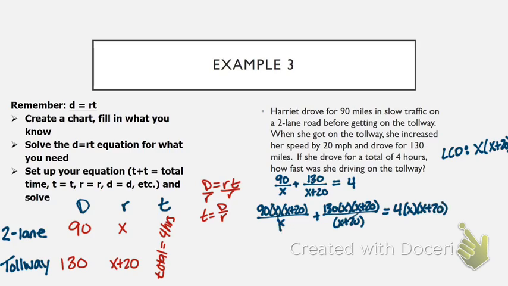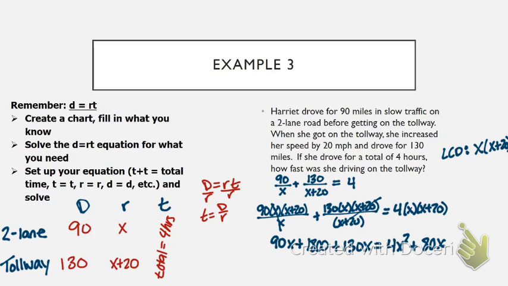So that cancels, that cancels. So we have 90x plus 1800 plus 130x equals 4x squared plus 80x.